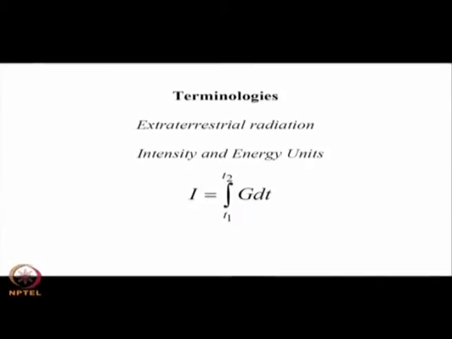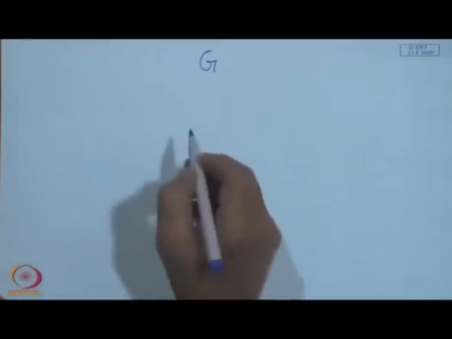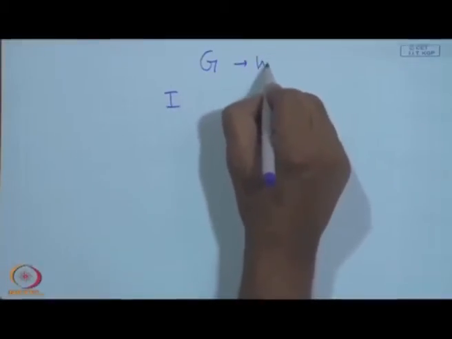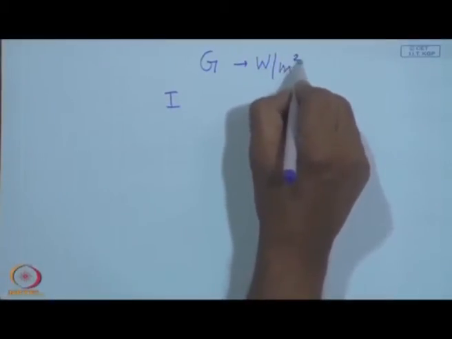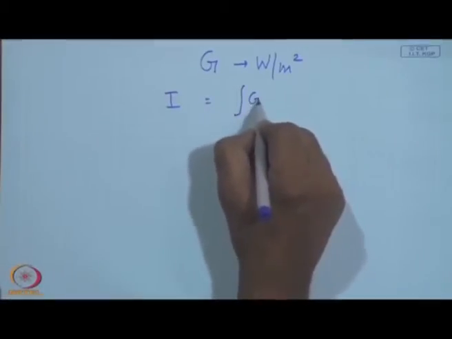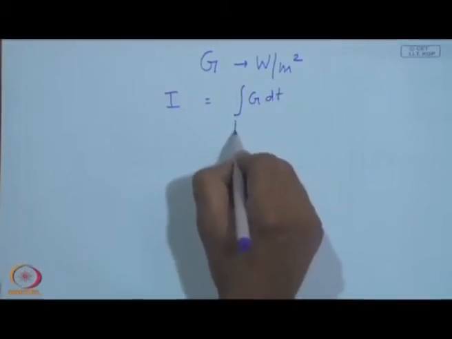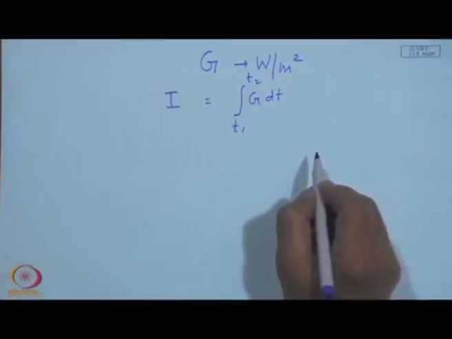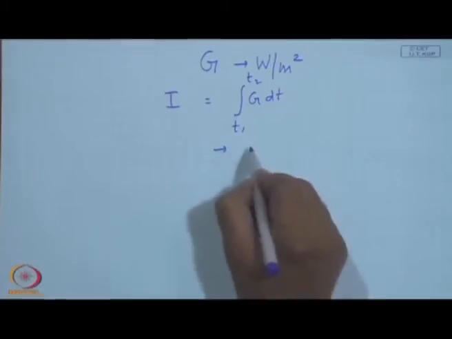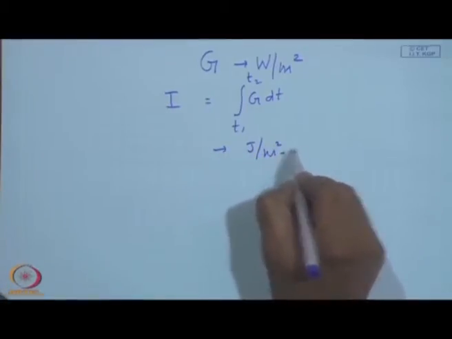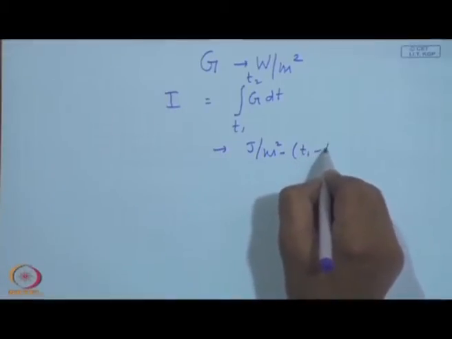Now, whether it is terrestrial or extraterrestrial, intensity is indicated by G, and which is in watts per meter square. I will be integral G dt over the time period T 1 to T 2. So, this unit will be so many joules per meter squared hyphen within T 1 to T 2.